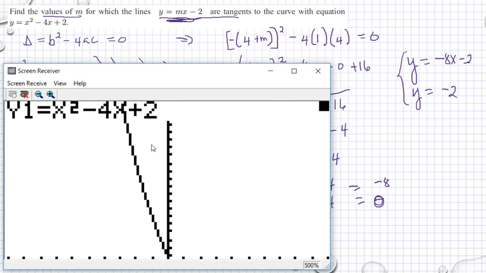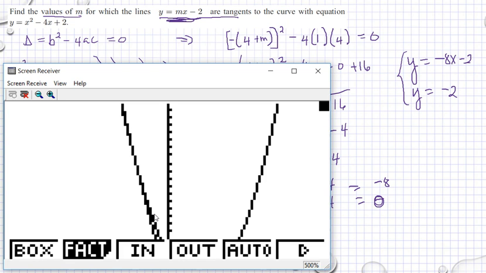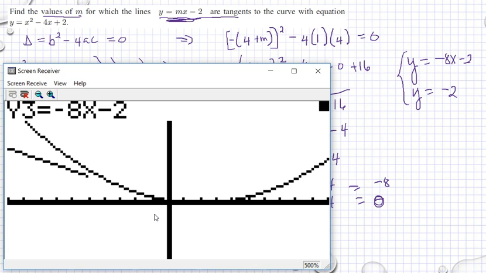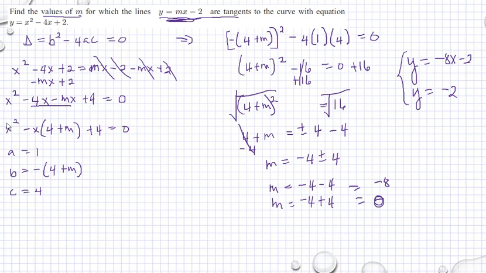That one is also a tangent. I hope you can really see it. There you go, there it is, a tangent. So there are two possibilities, two tangents of these functions. It depends on the values of m.